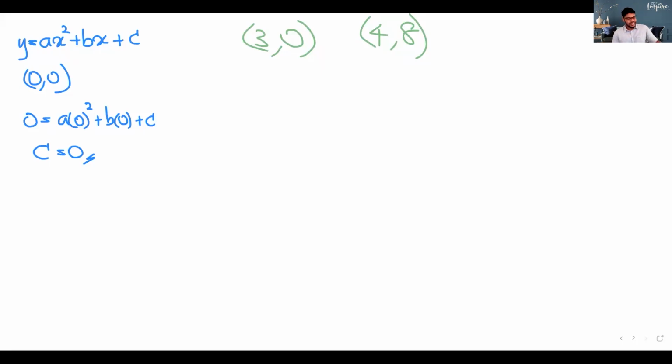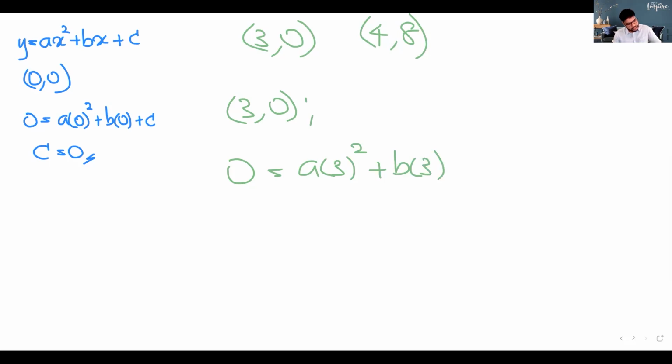Anyway, we'll go into the question. To get the answers, we have to substitute 3, 0 and 4, 8 into this equation, children. Now we already found the value of c to be 0. So you substitute 3, 0 first. The y value is 0 and 3 for x. So b times 3. I don't take c because I already found c to be 0.